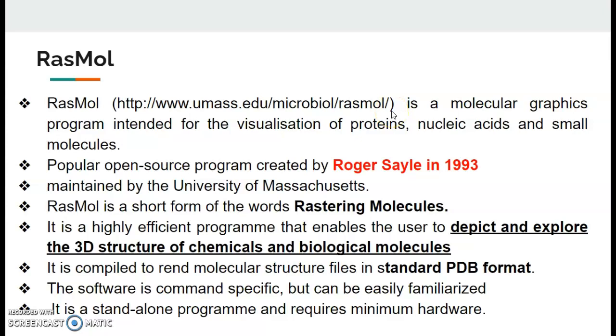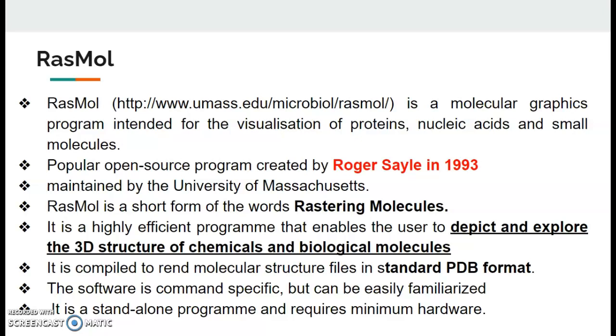And again, what is it? It's a molecular graphics program, and its purpose is to visualize macromolecules like protein, nucleic acid, and small molecules. It is one of the popular open source programs, and it was created by Roger Sayle in the year 1993, and it is maintained by the University of Massachusetts.